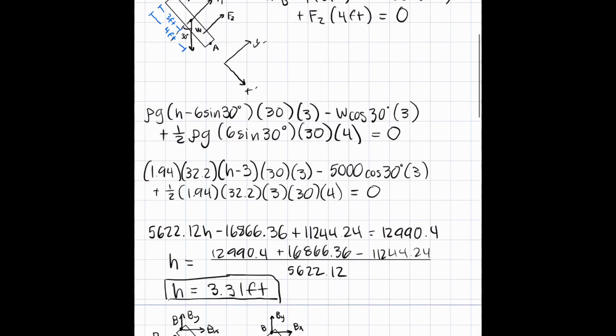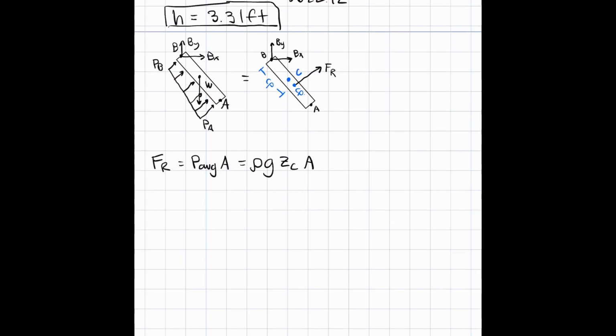All right, so let's go ahead and plug that into our equation. This means we'll get rho times g times h minus 3 sine 30, and then times our area again. And in this problem, we're going to, like I said, use the h value that we already have.